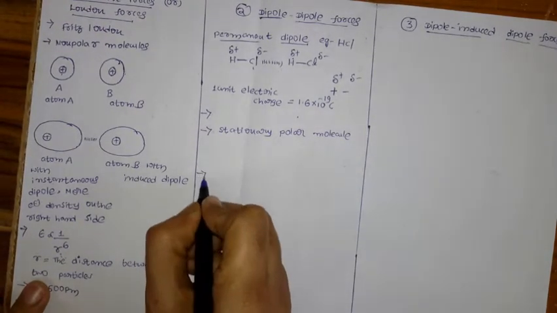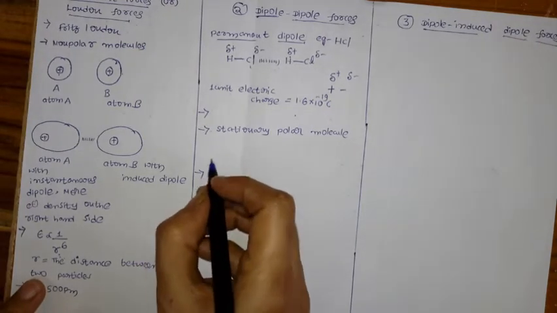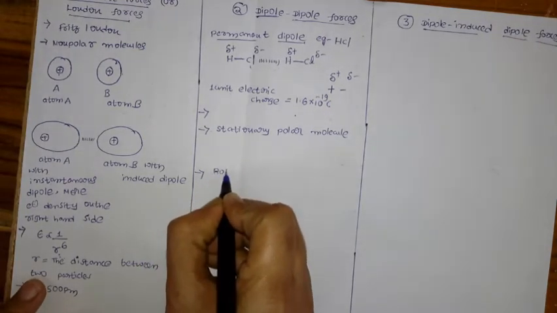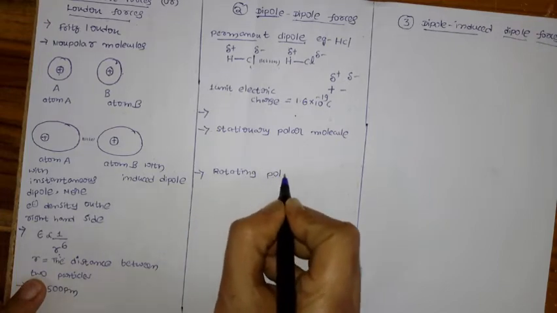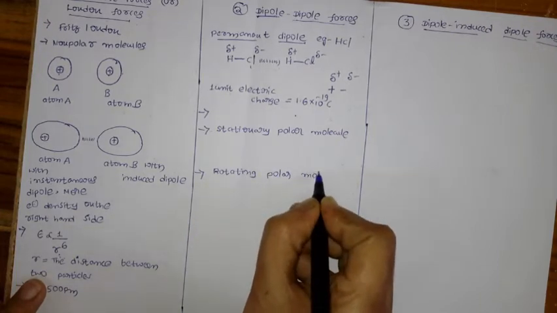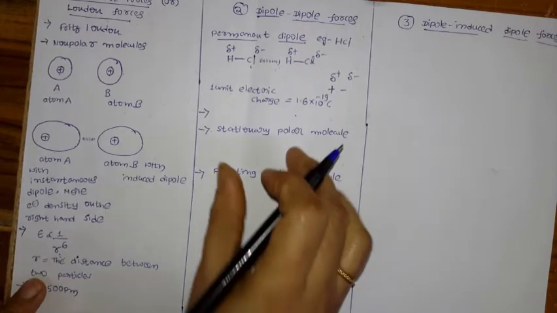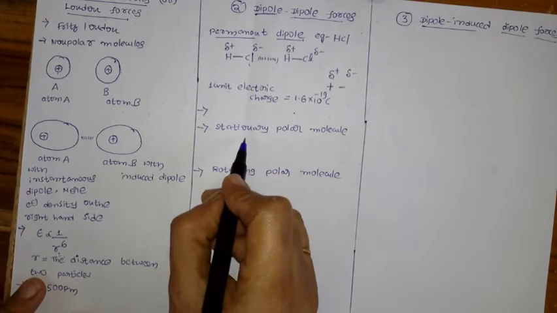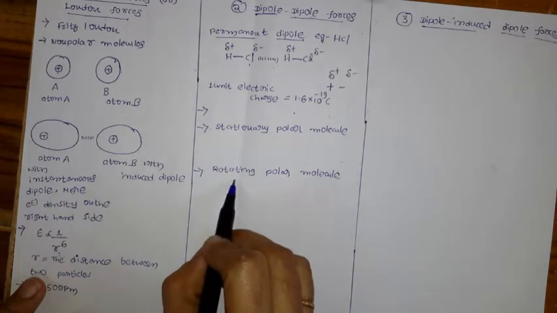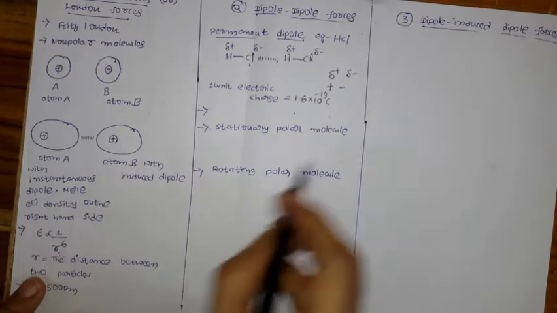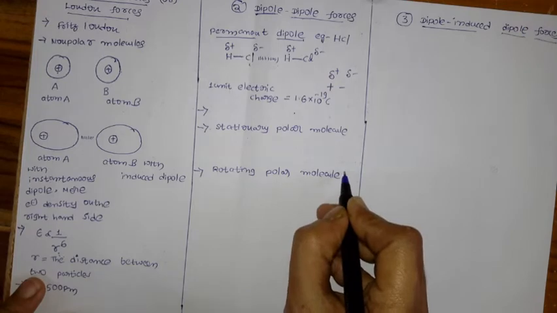Another is a rotating polar molecule. What does stationary polar molecule mean? It is going to be constant. That type of molecule is called a stationary polar molecule. Rotating means it has some rotation. That type of molecule is called a rotating polar molecule.